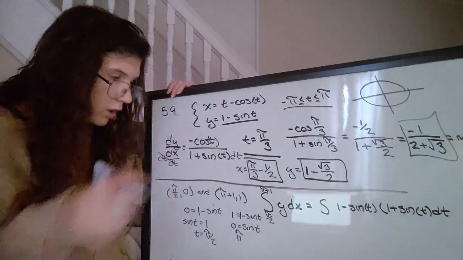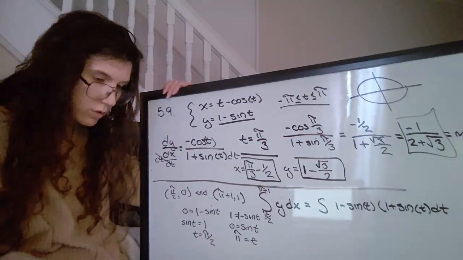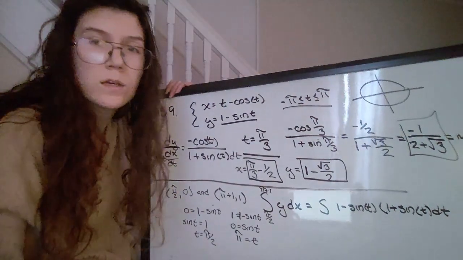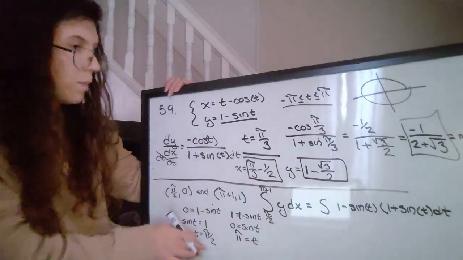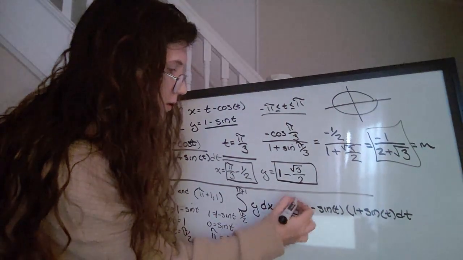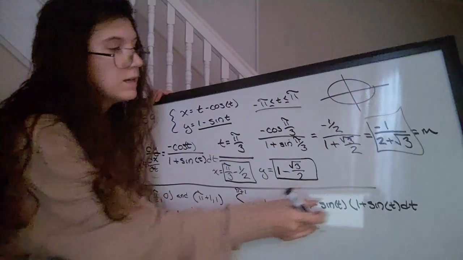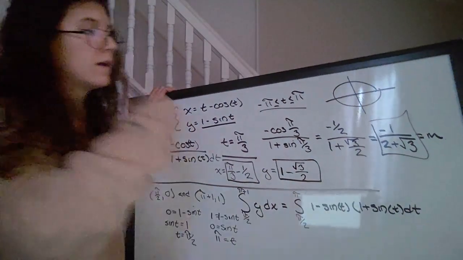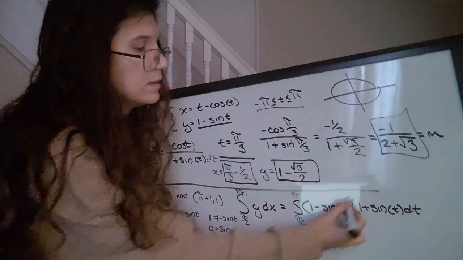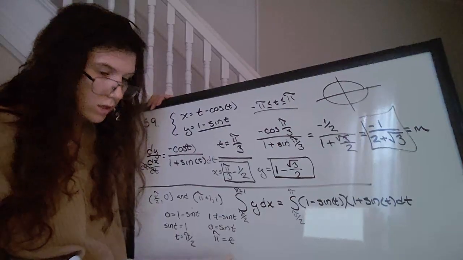That is where all of our sines are going to equal 0. So those are going to be my bounds for this equation, pi over 2 and pi. Those are going to be t values. So I have a whole bunch of t's.